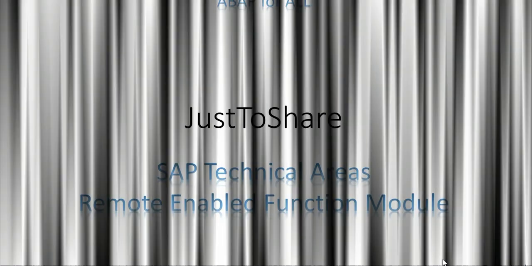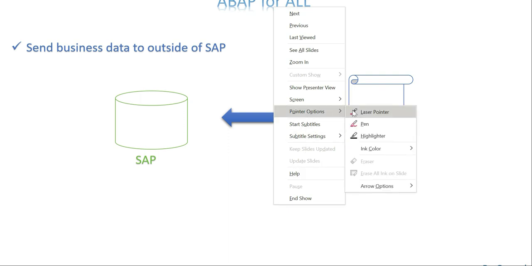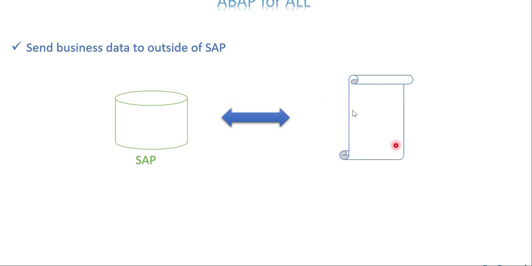Sorry, slides first. The basic idea is like this. SAP is going to send data outside of your SAP network. It could be SAP or non-SAP, and it's a two-way communication. Sometimes we have to receive a request, probably a purchase order number. Or in another transaction, you can receive data which creates a purchase order in SAP.